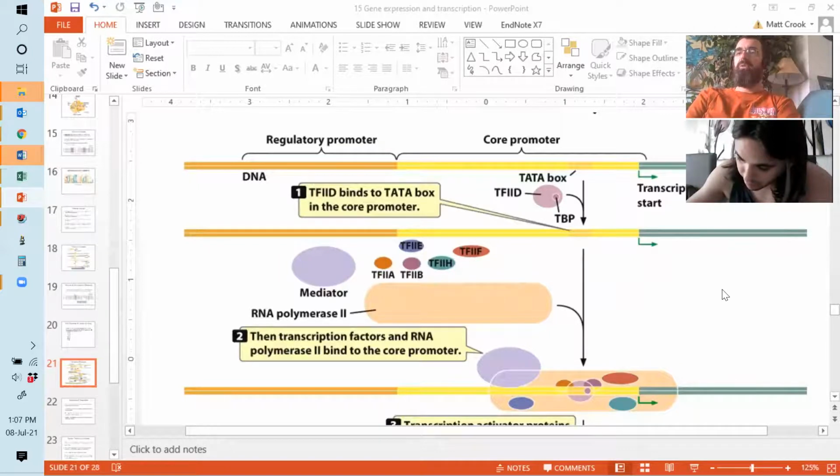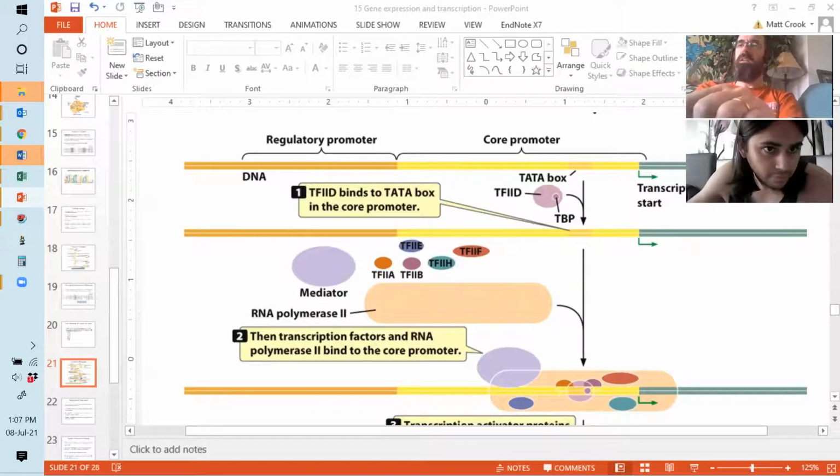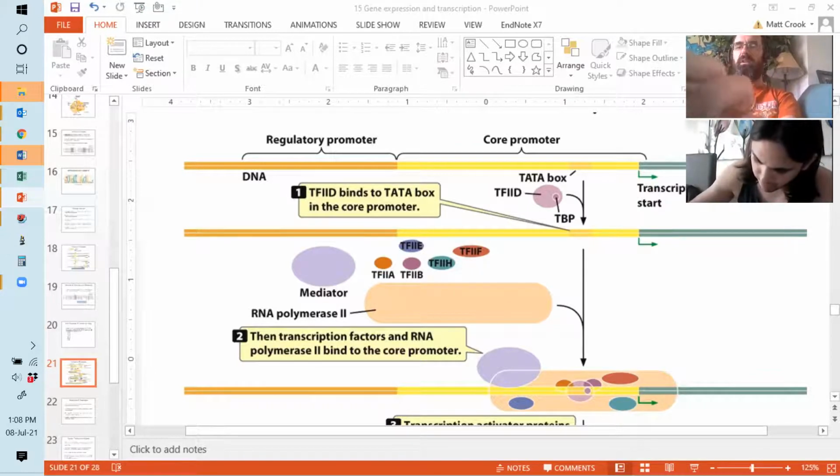And another protein called mediator. What that does is it kind of acts as an intermediary between RNA pol 2 and other proteins, e.g. the transcription activator proteins.